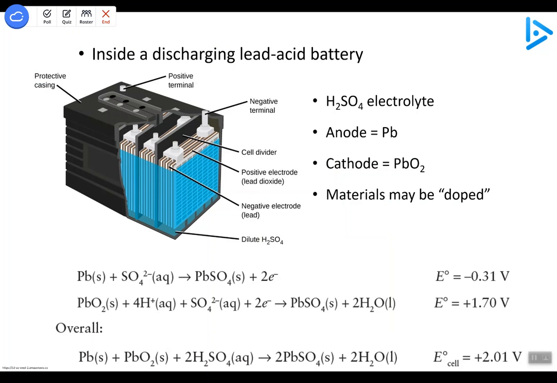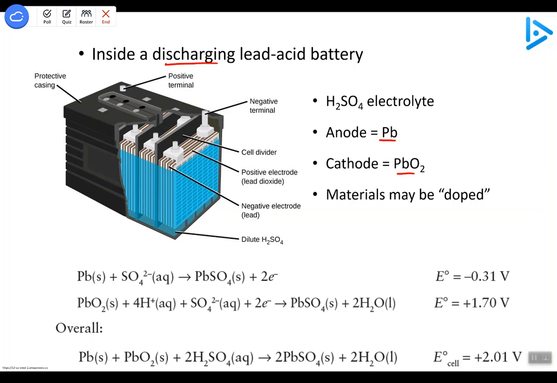And with our understanding of redox chemistry, we can analyze this battery. When it is discharging, that means that it's working spontaneously. We set it up, we connect the electrodes, and the current flows. We have lead, spongy lead, as the anode, and lead dioxide as the cathode.